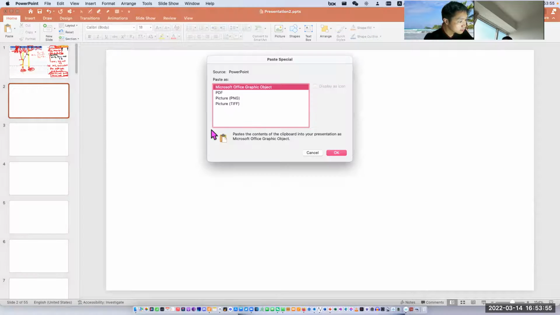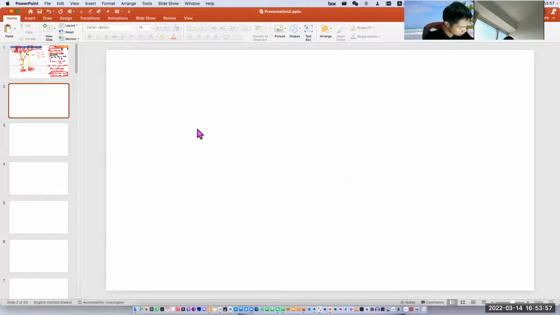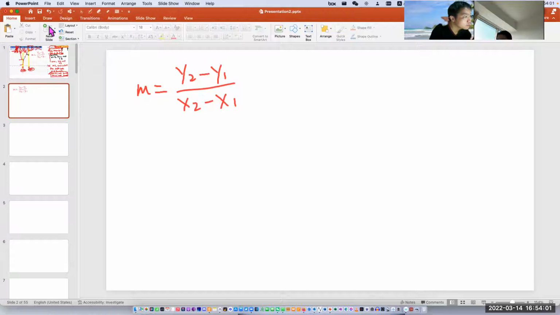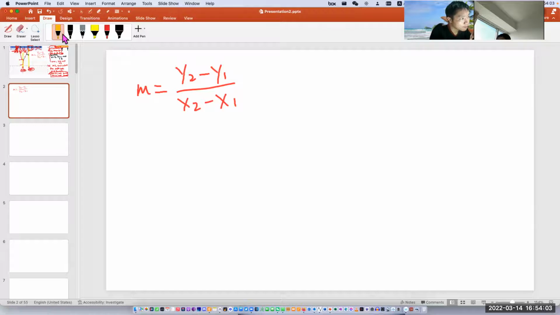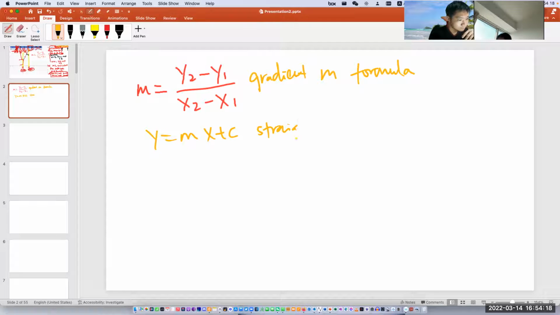Easy, nothing special. This is the gradient formula, so don't confuse yourself. y equals mx plus c is the straight line formula.